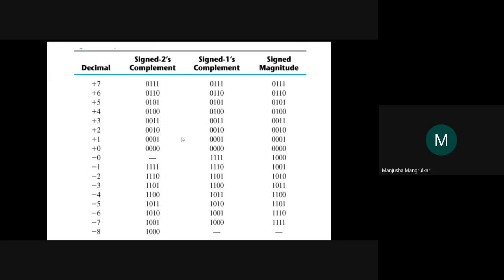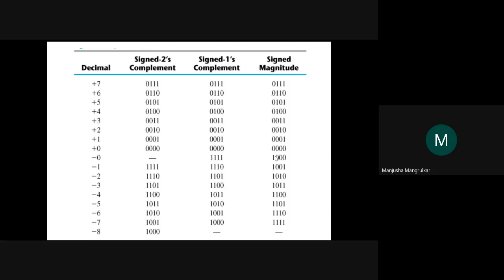So now this is the one's complement, two's complement, and the sign magnitude. This way the data is represented. Plus 7 is shown in sign magnitude, 1's complement, and 2's complement. In sign magnitude, plus means 0, and these three ones mean 1, 2, and 4. 4 plus 2 plus 1 is 7. Plus 6 is also the same with sign 0, this is 4 plus 2, so this is 6.